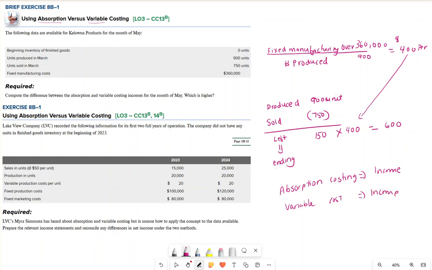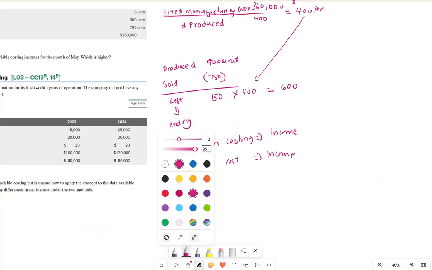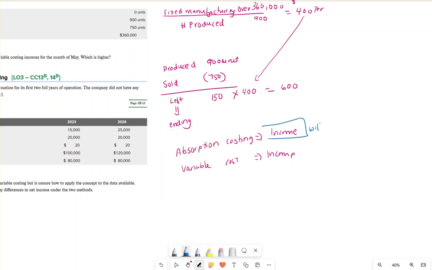So when we think of it, the absorption income will be higher if the production is more than what we sold.